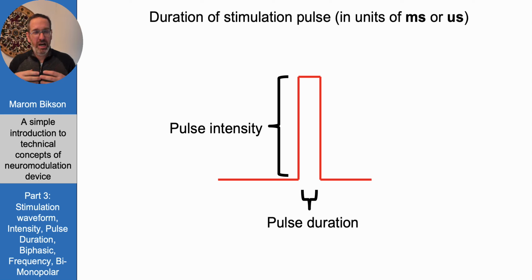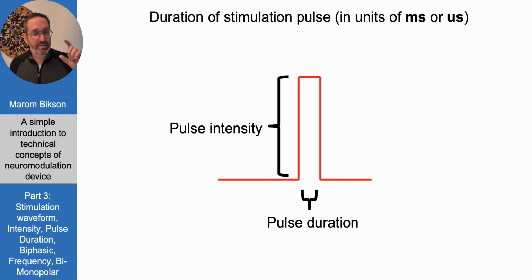And so when we apply pulse stimulation, tick, tick, tick, every one of those ticks has an intensity, but it also has the time that it is on. And that time would be given in seconds, or in neuromodulation, really a fraction of a second. So we'll talk about 1,000th of a second, which is 1 millisecond, or even less than that, 1,000,000th of a second, so microseconds. We might say it's a 1 millisecond pulse, or a 100 microsecond pulse. But the seconds refers to how long that pulse is on for.